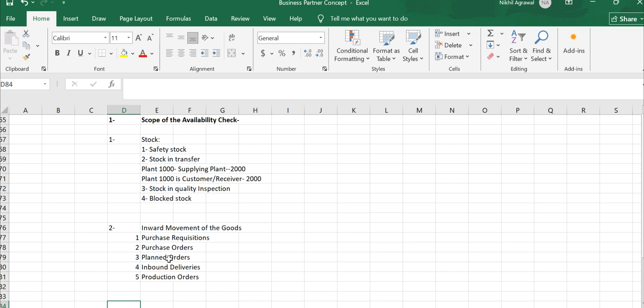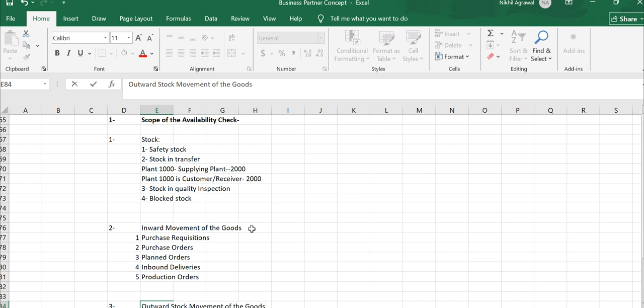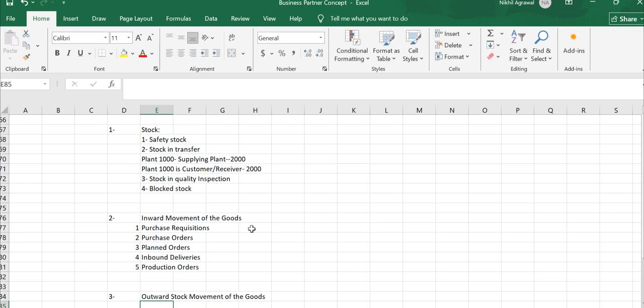Third, we will see the outward stock movement. Guys, reservations, dependent reservations, requirements, sales orders, deliveries: these are the sources of outward stock movement, because stock is going out from the warehouse, going out from the storage location.